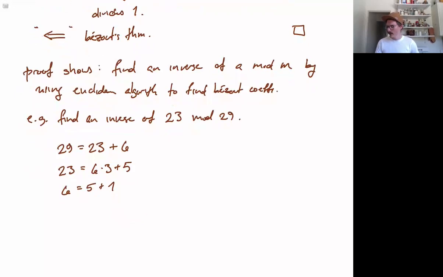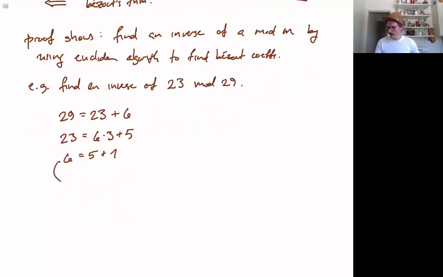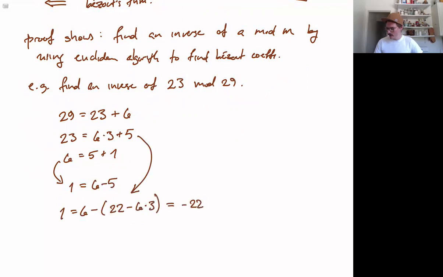And it's also at this point that we can work backwards. If we turn this equation around, it tells us that 1 is equal to 6 minus 5. And then if we substitute the previous equation in, 1 equals 6 minus (23 minus 6 times 3). And let's rearrange that a little bit. Negative 23 plus 4 times 6.